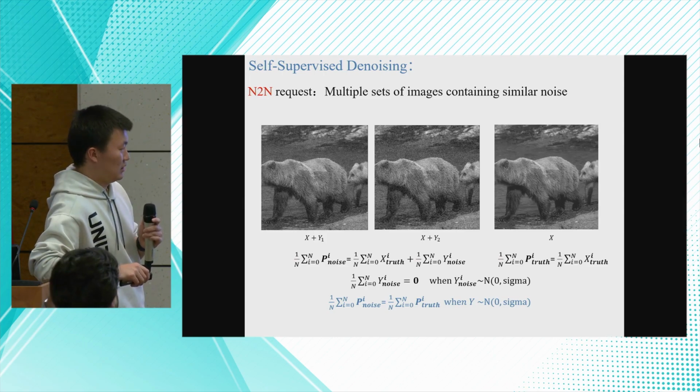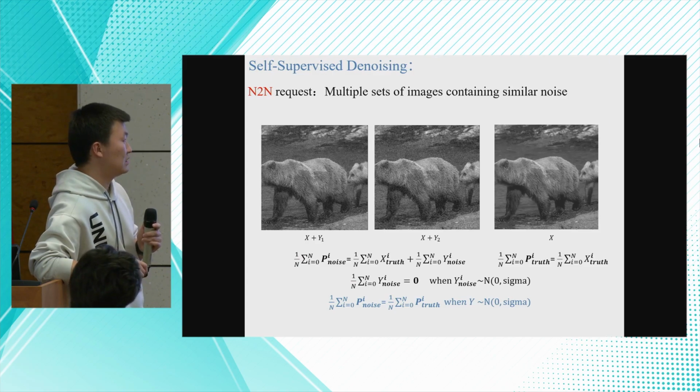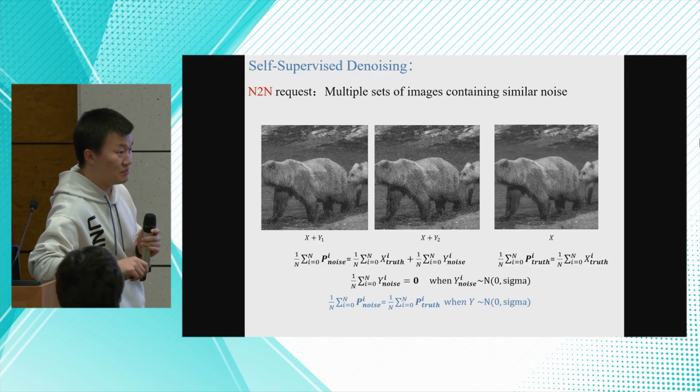For the ground truth, there is only one part. If the noise is sampled from a Gaussian distribution, and we add up these signals, we know the mean is zero. So if these pictures are polluted by Gaussian distributions, from the gradient view these pictures are the same as those pictures, because their gradient is the same.